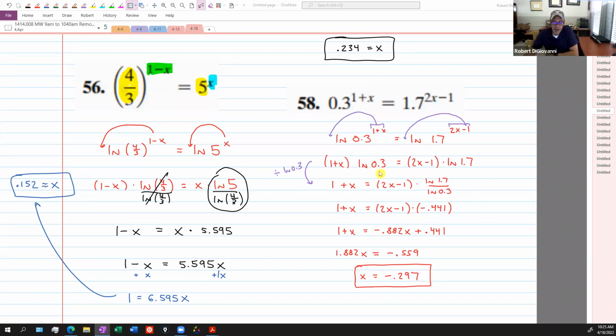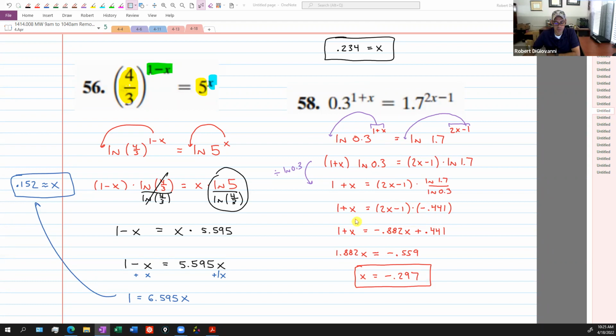All right, so you can see how important it is, when you bring these things out front, if you have two terms, to make sure they're in parentheses, especially when you do the division on your calculator. You're going to get a decimal, and that decimal must distribute through this parenthesis. If you forget the parenthesis, it's going to be an issue.